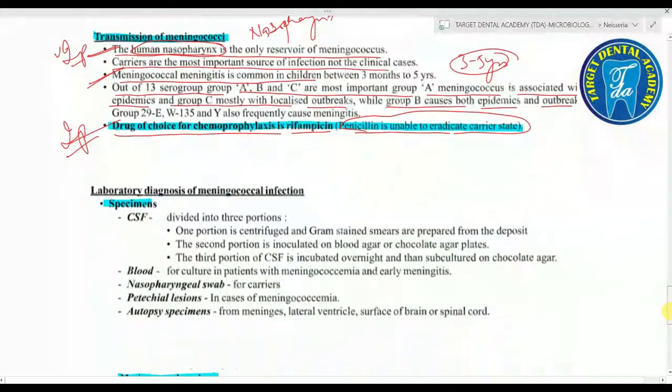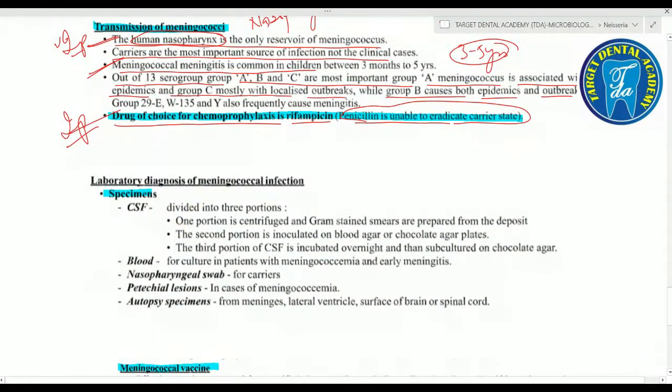Coming on to the laboratory diagnosis of the meningococcal infection. So in this, CSF is divided into 3 portions. One portion is centrifuged and the gram stain smears are prepared from the deposit. The second portion is inoculated on the blood agar and the chocolate agar plates, and the third portion of the CSF is incubated overnight and then subcultured on the chocolate agar.